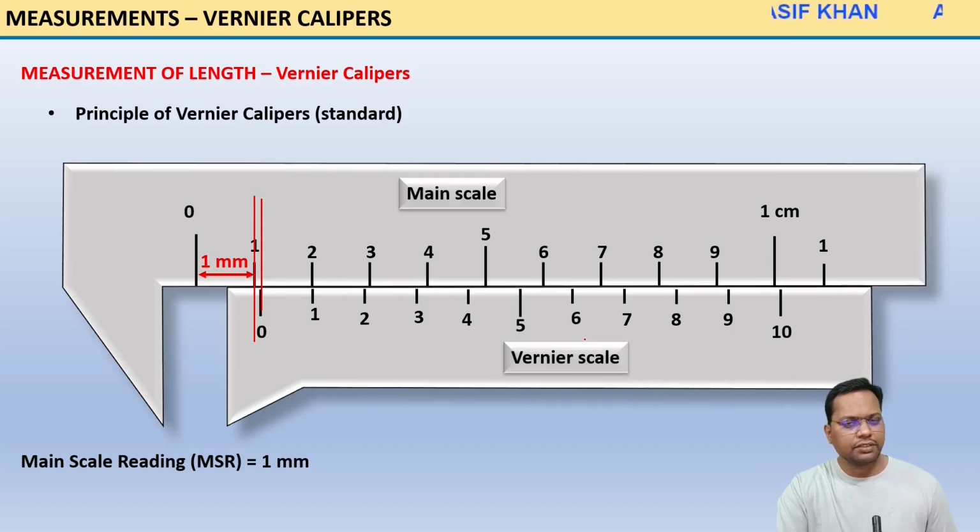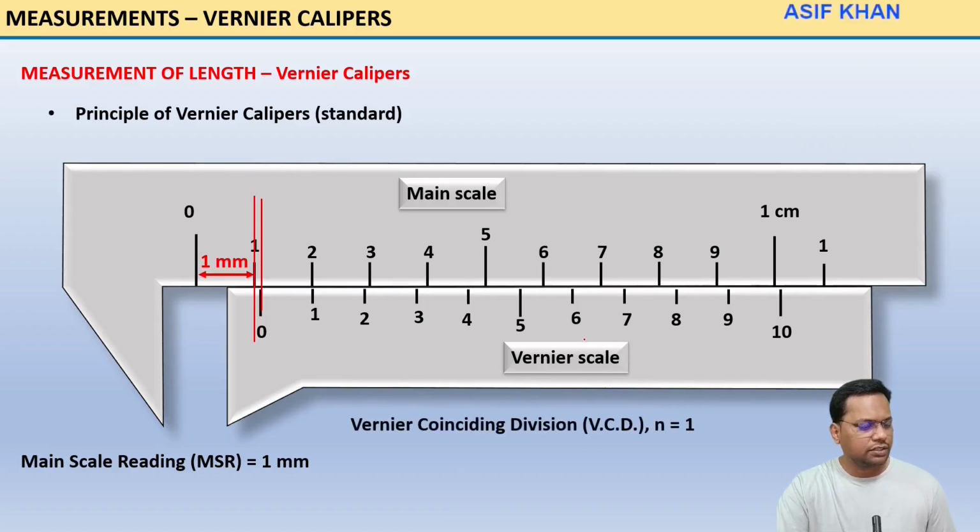Again we need to take the coinciding division, that is the Vernier coinciding division, that is the first one, so n is equal to 1, and the least count is 0.1. The reading we take on the main scale is called the main scale reading, that is 1 mm, to which we need to add the distance between the two red lines, which can be calculated from the formula n into LC.